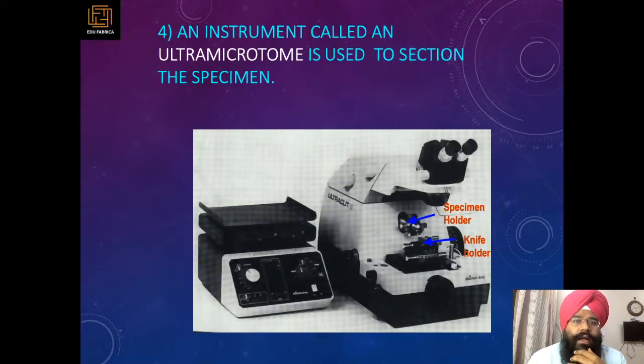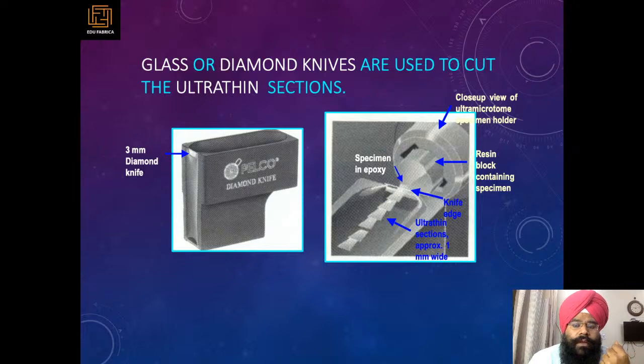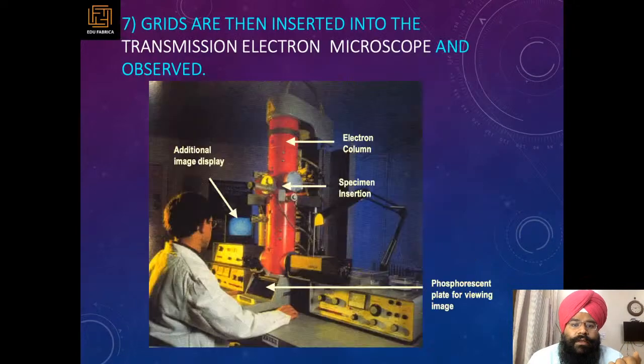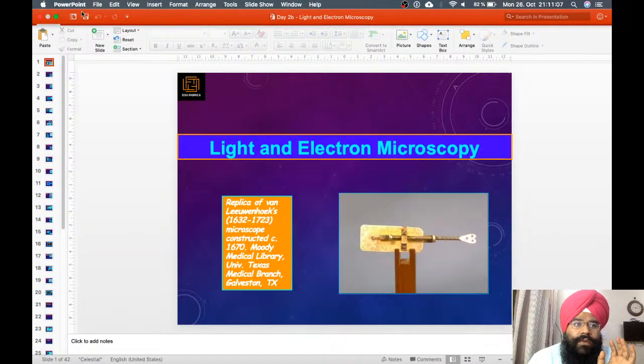An instrument called an ultramicrotome is used to section the specimens. This is another microtome, showing the sections being cut. And these are the grids that are inserted into the transmission electron microscope and observed that way. So that's it for the microscope part.